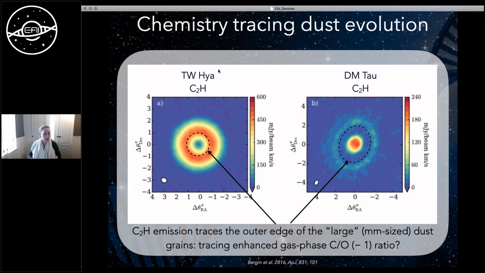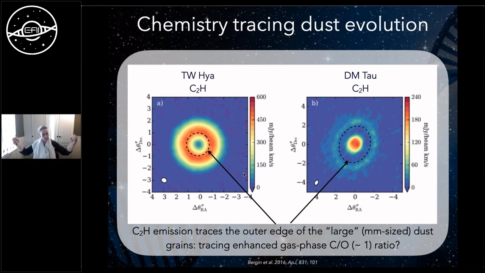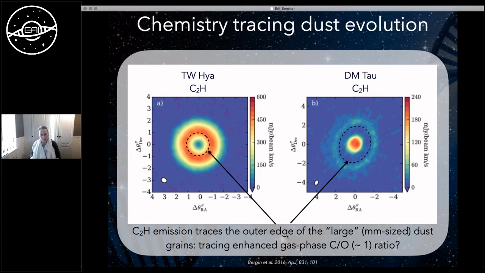So there's something very interesting about the chemistry of C2H that is linked with the dust evolution in the disk. So remember, the dust is settling and drifting inwards. And what we're seeing is C2H starting to emit beyond that boundary where the dust is emitting.